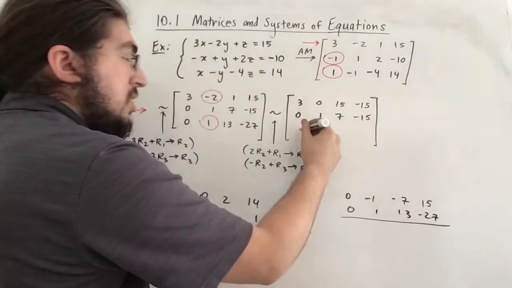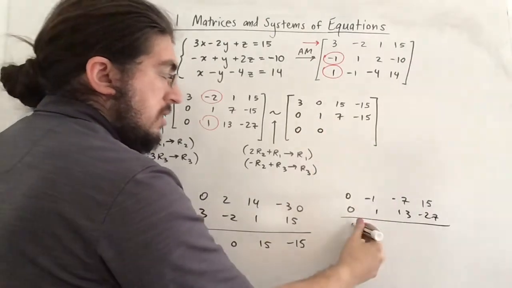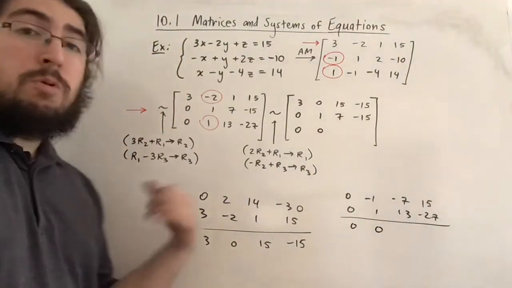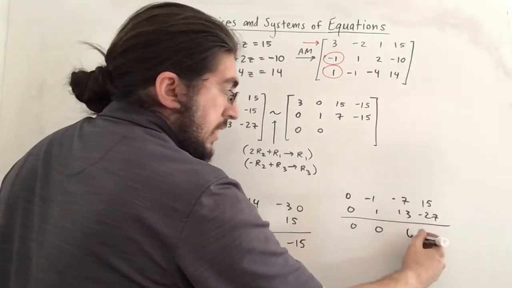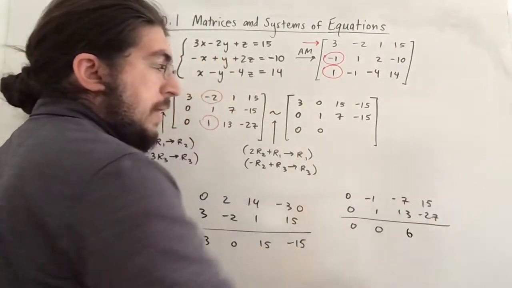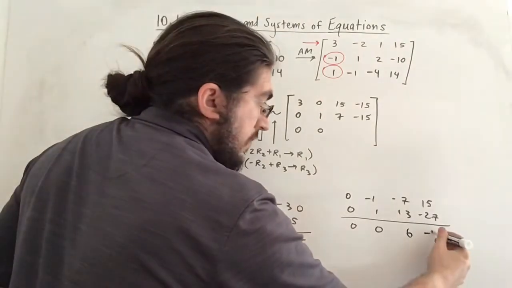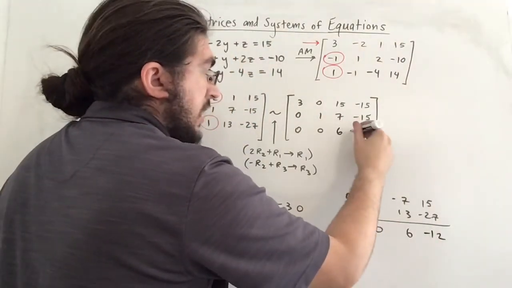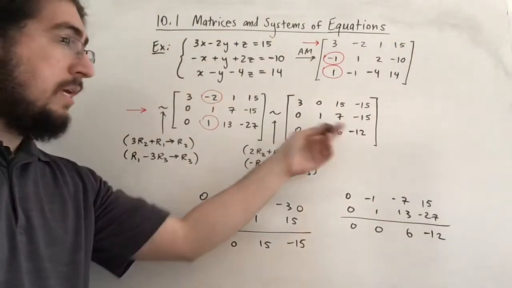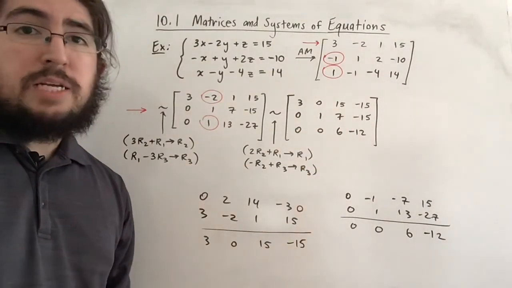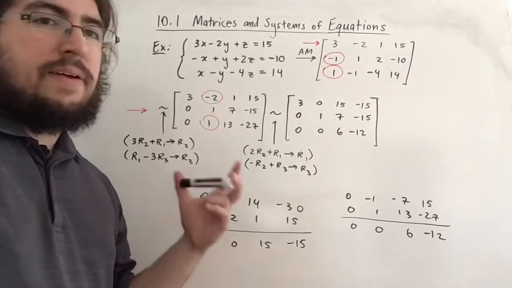And this should give us 2 zeros here, notice. 0, 0. Meaning z will be solved for after doing this. So let's see. 13 minus 7 is 6. And then 15 minus 27 is going to be -12. So this is 6, -12. So again, I really want to divide by 6 here and just get 1, -2, meaning that z will be -2. But I'm going to save that for the next operation.